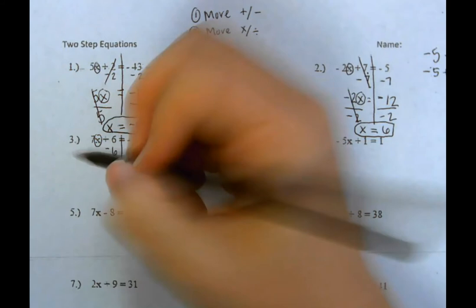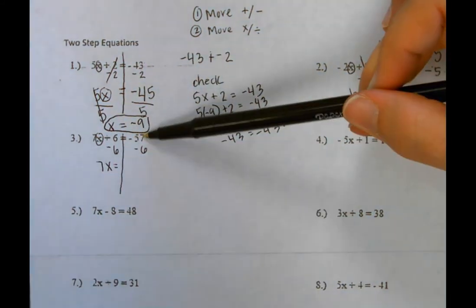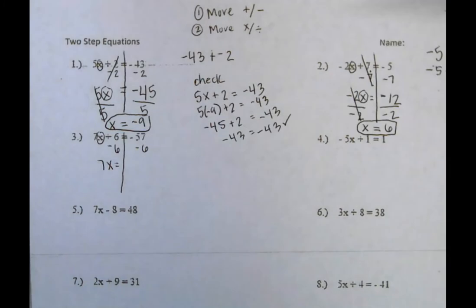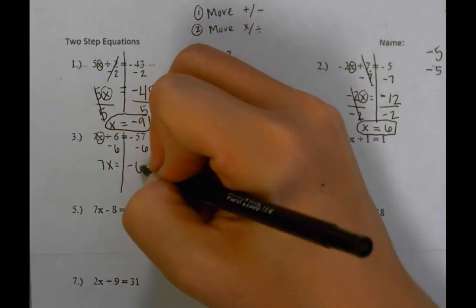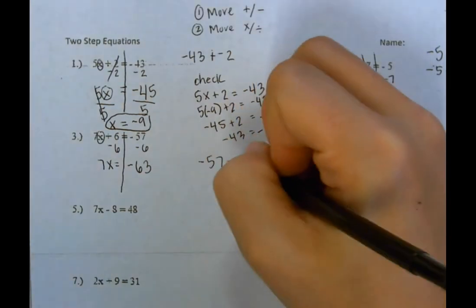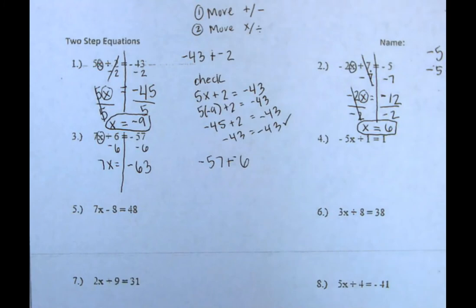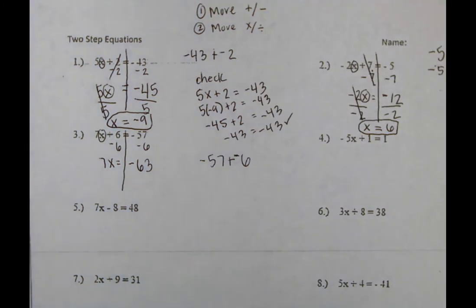So now I have 7x equals negative 57 minus 6. Negative 57 minus 6 would give me negative 63. If I keep, change, change, that's a negative 57 plus negative 6. Then I add those two together since they're the same sign and keep the sign.